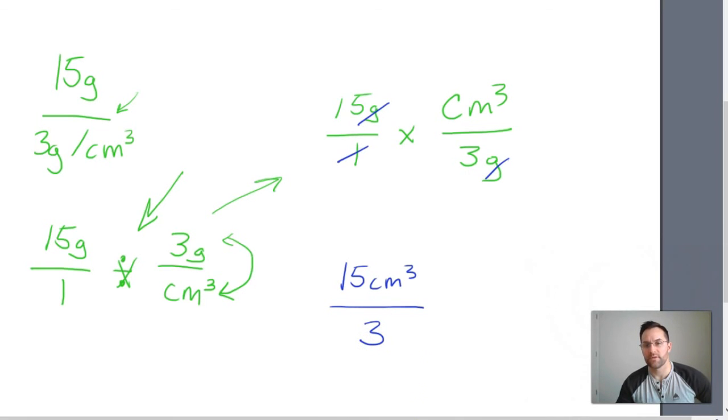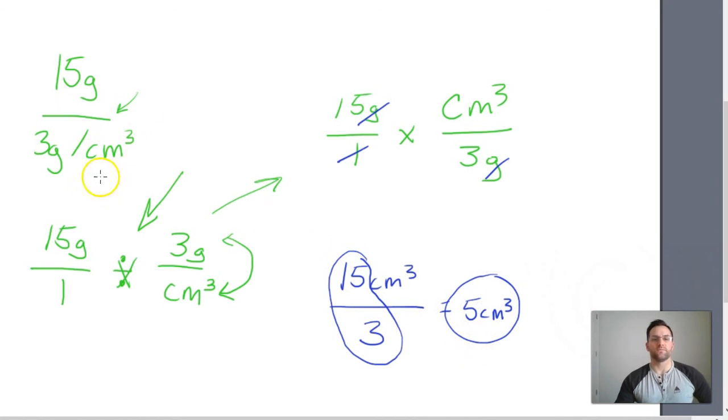So now we can combine these like terms right here. 15 divided by 3 is going to equal 5 centimeters cubed. And all we used was basic arithmetic to simplify out this particular problem and to combine the units. To combine the units, dimensional analysis, we simply use basic arithmetic. All right, hope that helps.